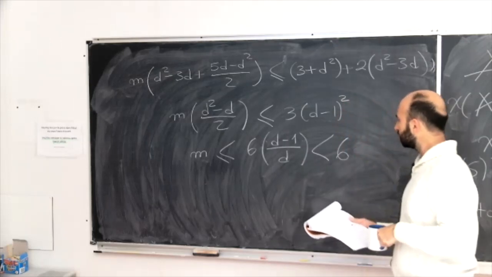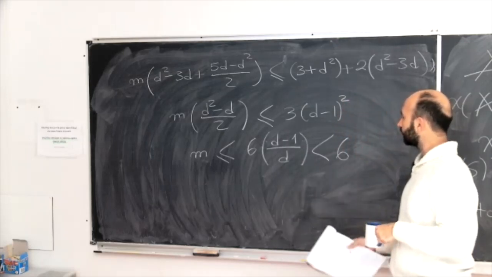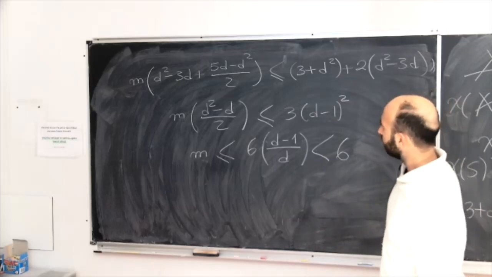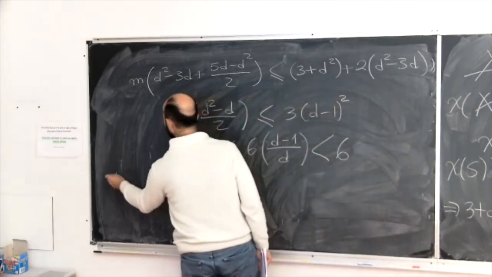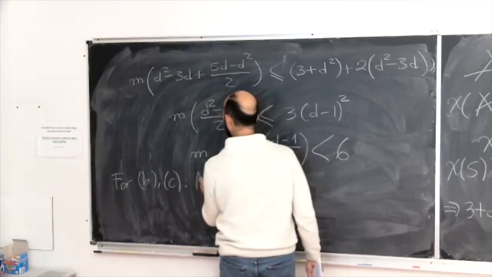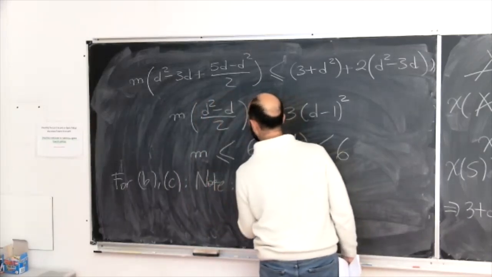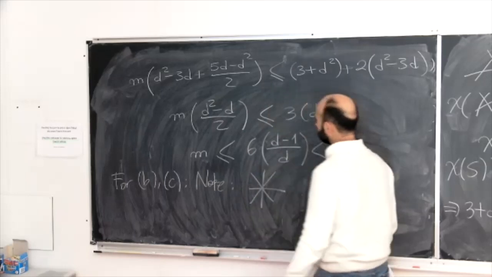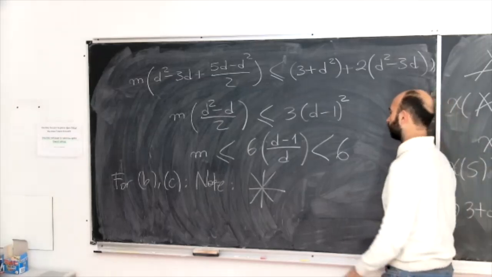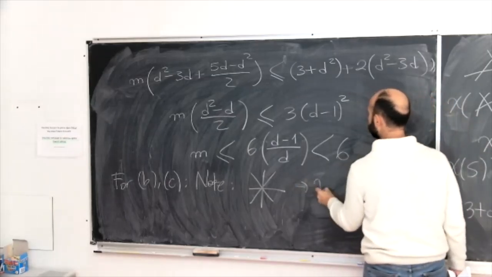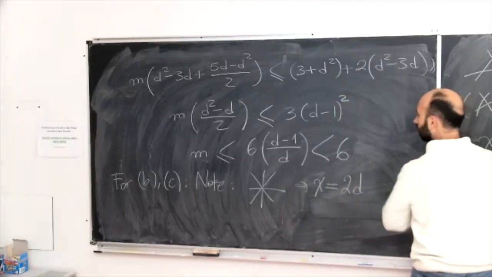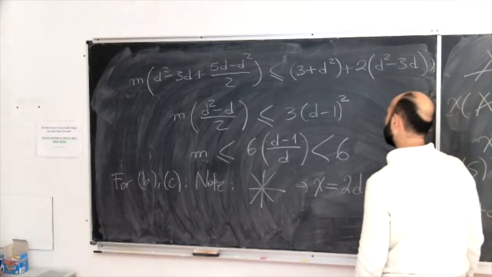Okay, proving parts B and C is an easy exercise now. You only have to note that for B and C, if your special fiber is just like that, d rational curves meeting at a point rather than generically, then the Euler characteristic for this fiber is, let's see, you have a 2 contribution from each of these d rational curves.